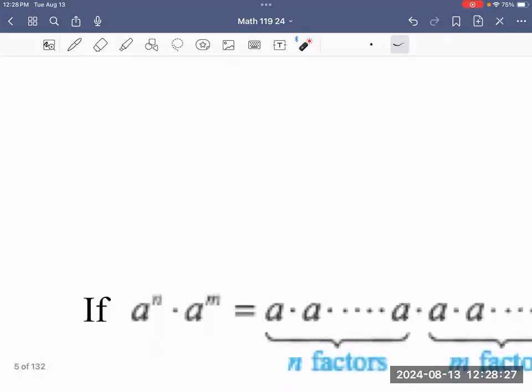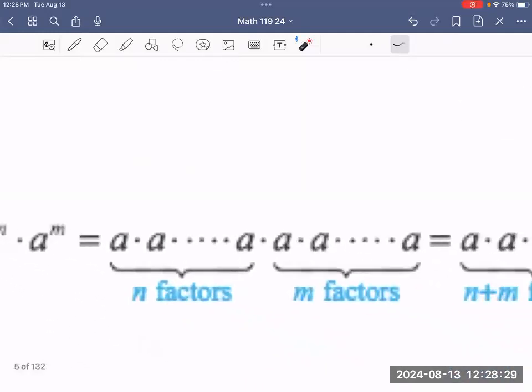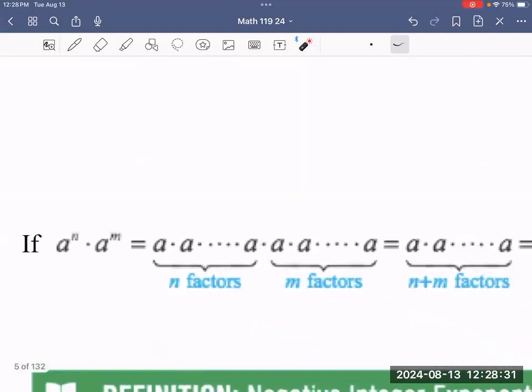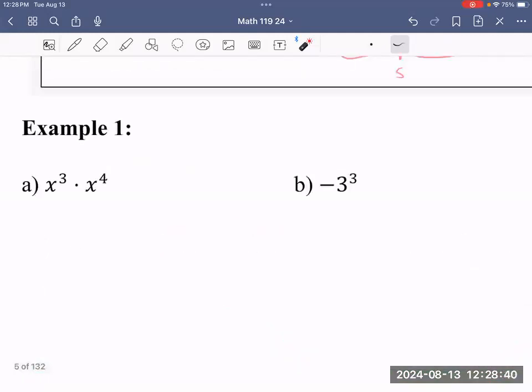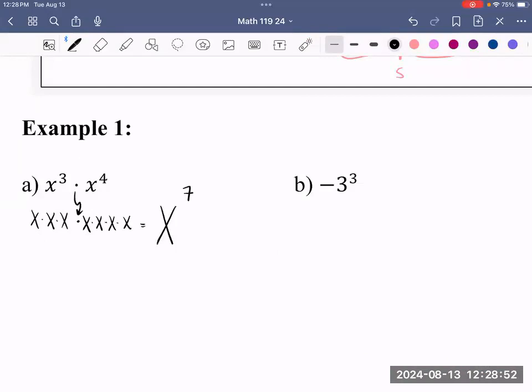Well, down below, it tells us that if a to the n with the same base is being multiplied by a to the m, we're just writing out these amount of factors. This is really x times x times x times another 4 x's. So how many x's do you have in total? Well, we have x to the 7 in total.